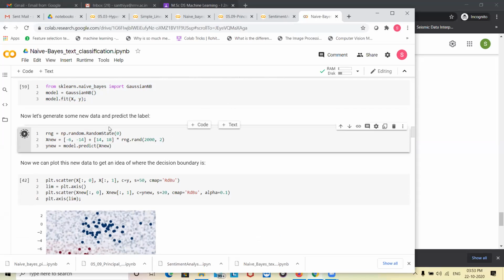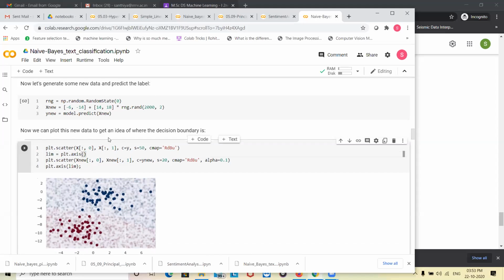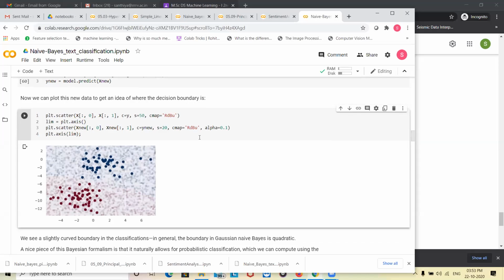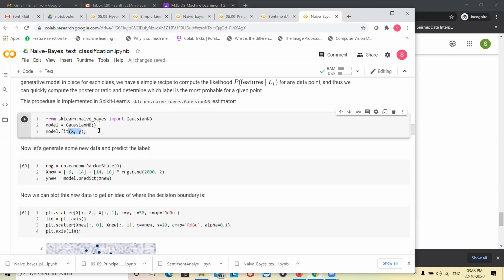Next we generate some random blobs again for predicting, and when we predict, if you closely examine, there's a blue color and a red color boundary drawn in between, which indicates the decision boundary of how the Gaussian model is able to classify our data. This is a basic example of how Gaussian works for the classification of data. When we apply it to other data sets, the only difference is that instead of x and y, we'll have to put in our training and test samples.